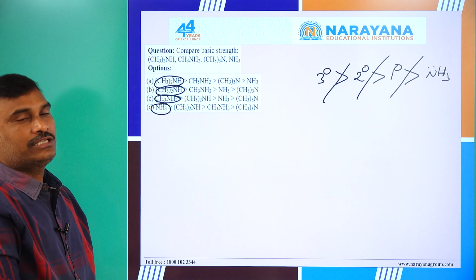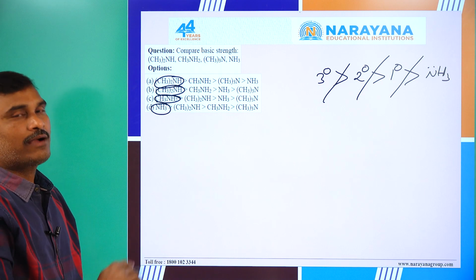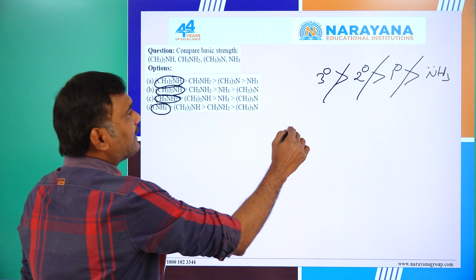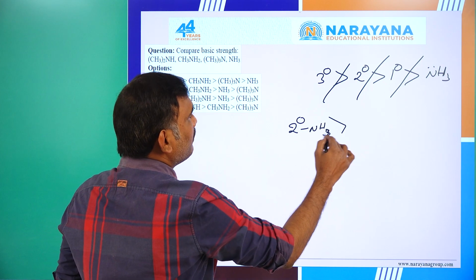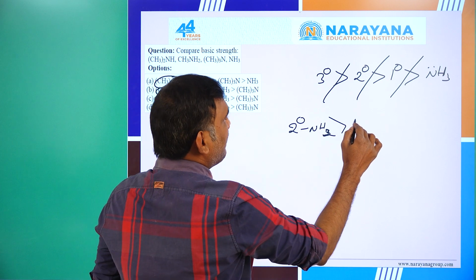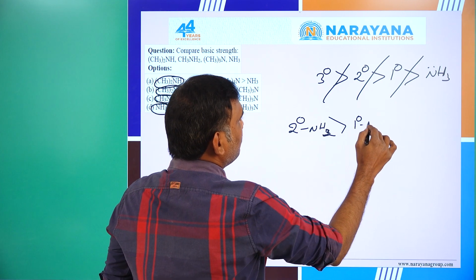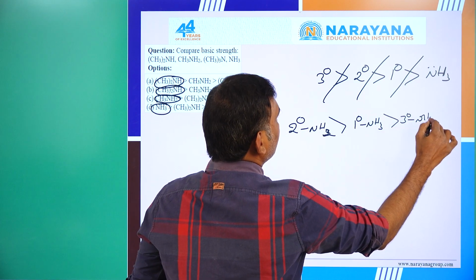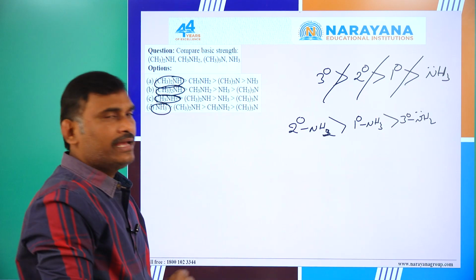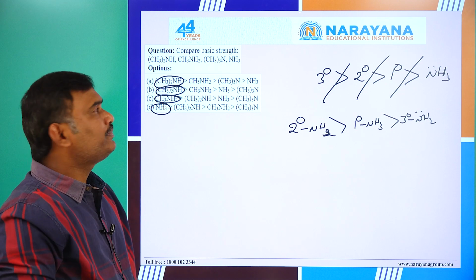Whenever aqueous solution is given, according to our knowledge, secondary amine is more basic than primary amine, which is greater than tertiary amine. Secondary, primary and tertiary should be the answer.